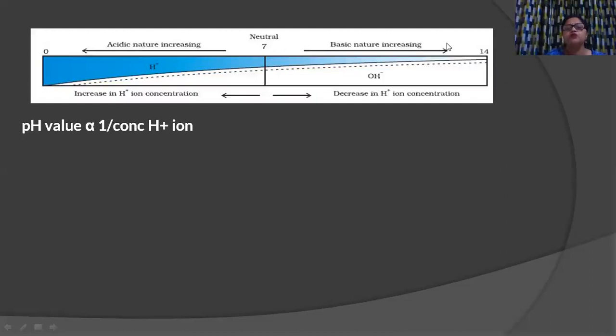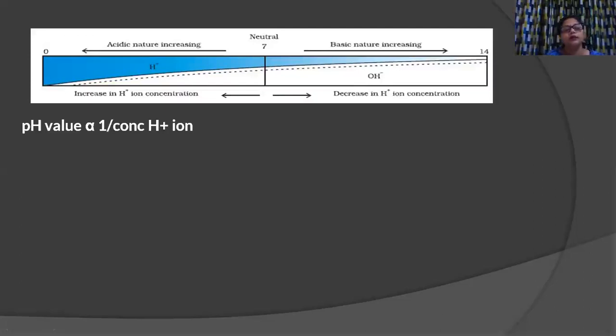From 7 to 14, the basic nature increases, and we know that the concentration of ion is related to the pH value. So least will be the concentration of hydrogen ion, maximum will be the pH value. Because here the hydrogen ion concentration is least, the pH value is highest.